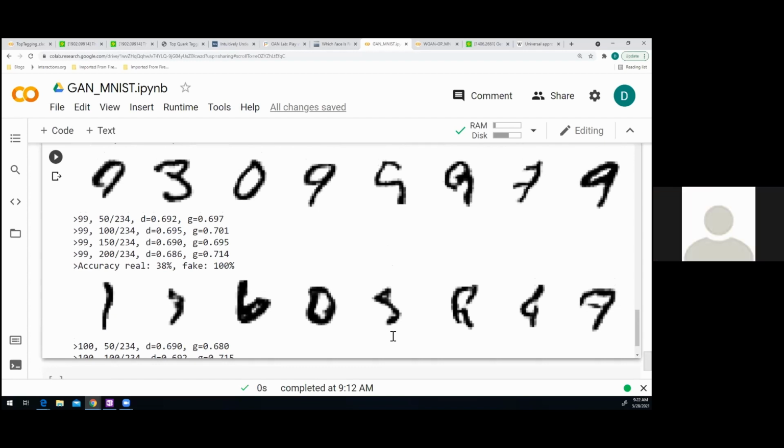The short answer is that if it only generated zeros, then formally this would not be p data equals pg. Based on the formal proofs and derivations that I just reviewed at the beginning of the lecture, that would not be the optimum of the GAN.